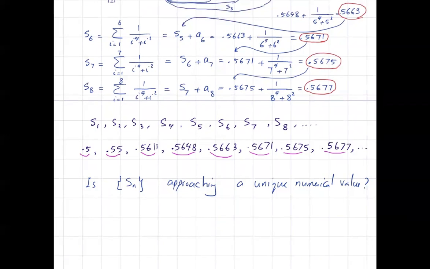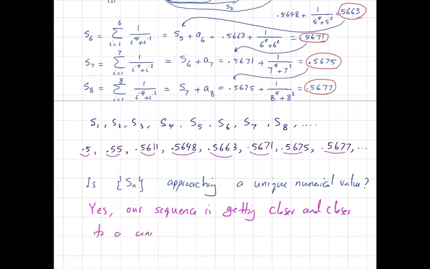This sequence is converging to 0.57 probably. For an exact numerical value, we have to do the actual calculation. But the answer here is yes. Our sequence is getting closer and closer to a unique numerical value.